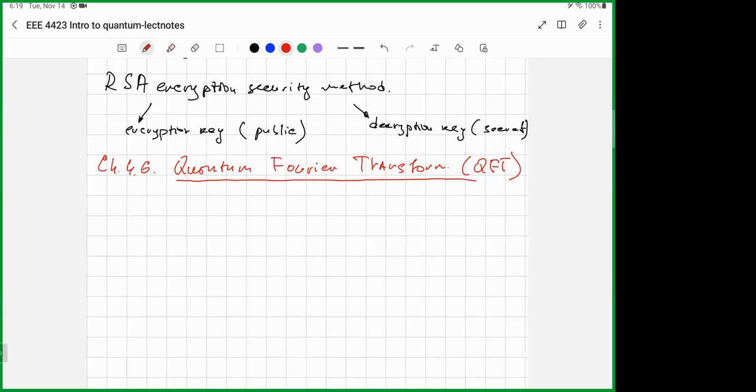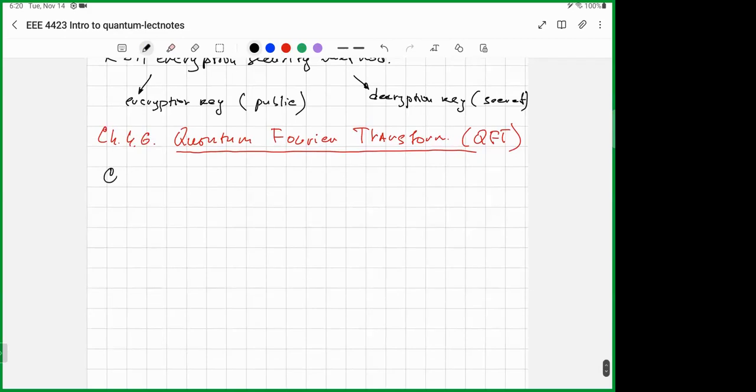For example, if you have some signal in the time domain, right, you can apply the Fourier transform and transform this time domain to a frequency domain representation, which is in some sense the change of basis of the description. So the conventional Fourier transform is the change of basis, for example from time to frequency, right?